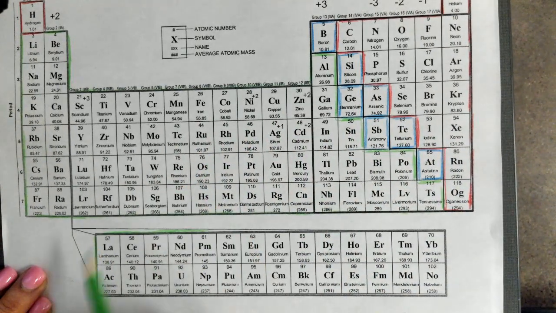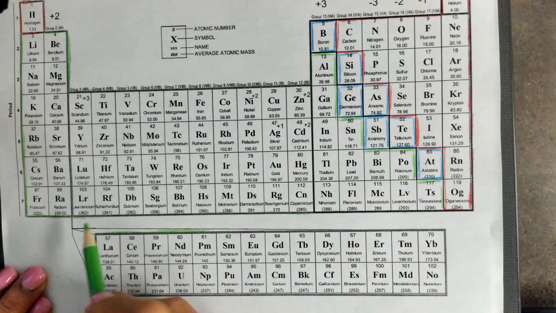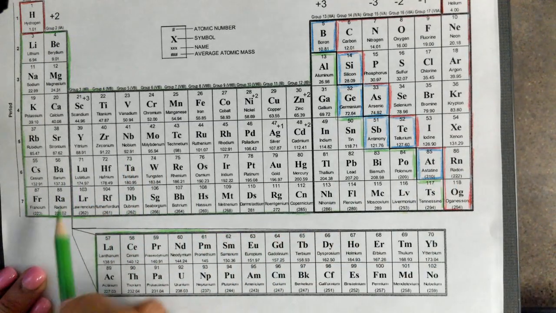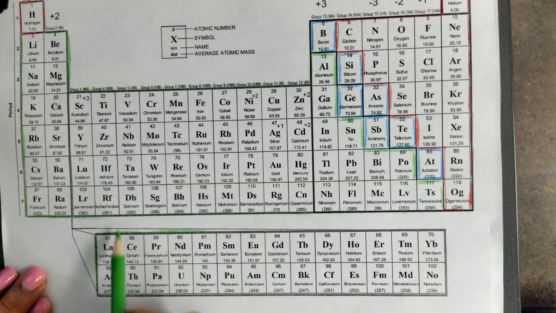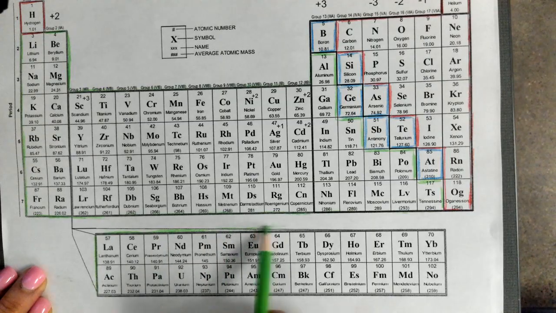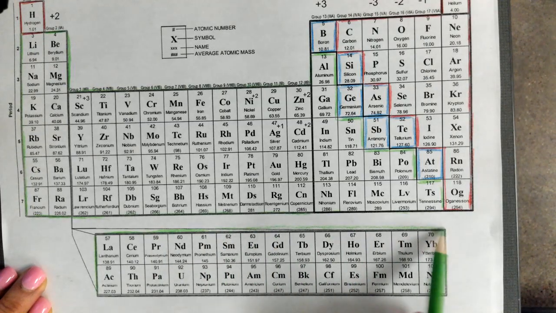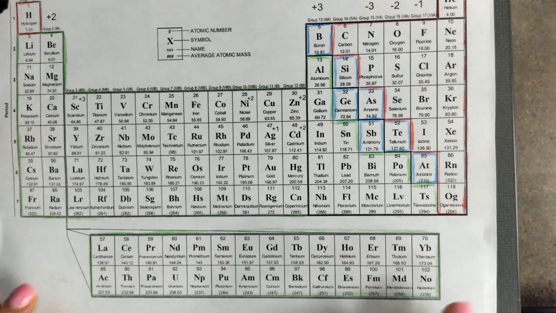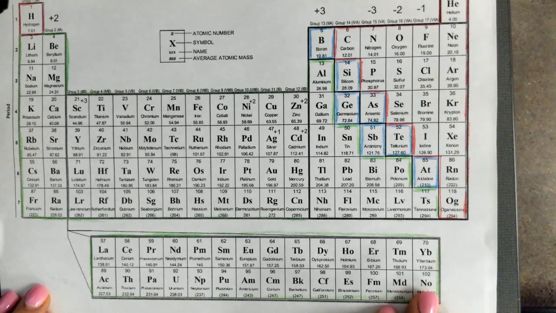So the way that we can get it on one sheet of paper is by showing that these two rows actually follow barium and radium. Okay, so they are metals. All right, so now we have all of our metals outlined.